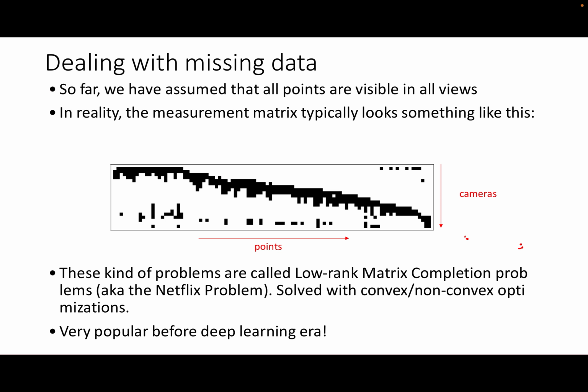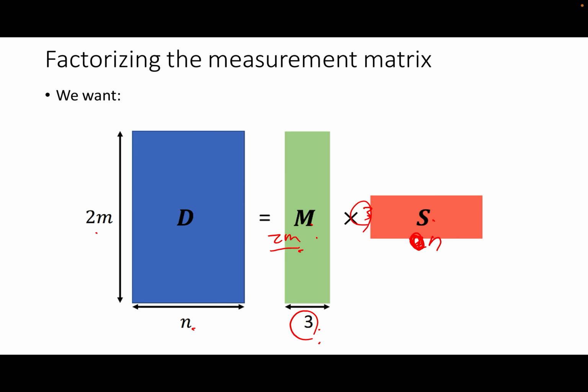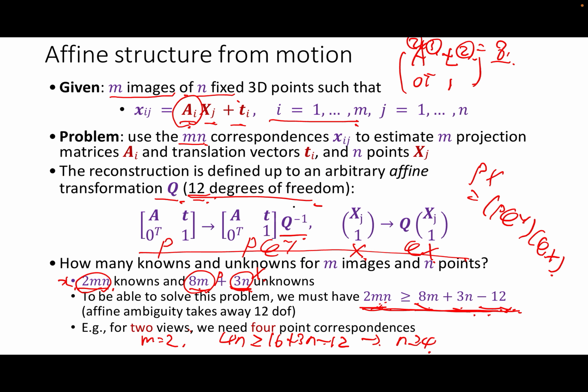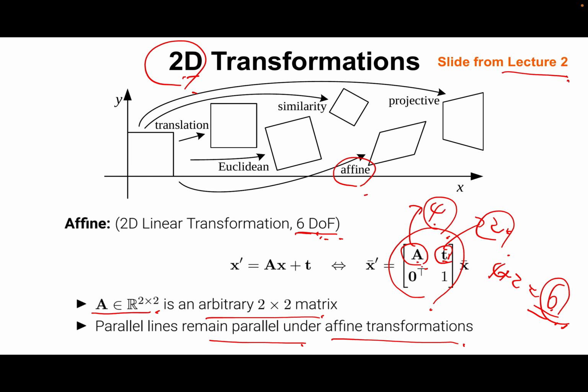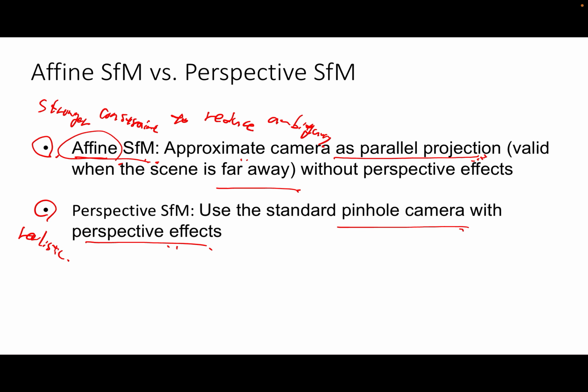And the second kind of SfM is projective SfM. So far we've learned affine SfM, but from its name, you can tell that from now on we no longer use the affine transformation matrix. We now use projective SfM, the projective projection matrix. This shows the comparison between affine and perspective.